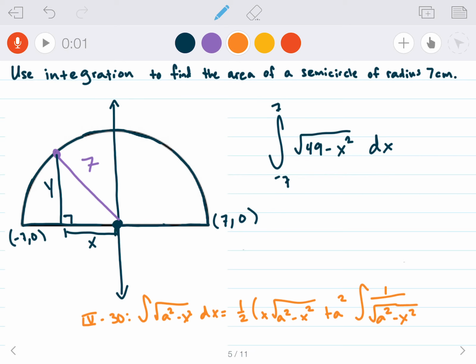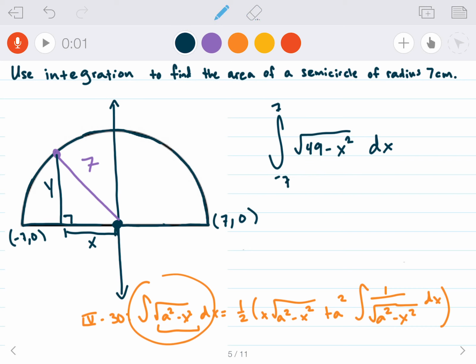All right. So in this case, our a is going to be 7, right? Because we're trying to replace what we have with this formula right here, square root of a squared minus x squared. So in this case, a is 7.